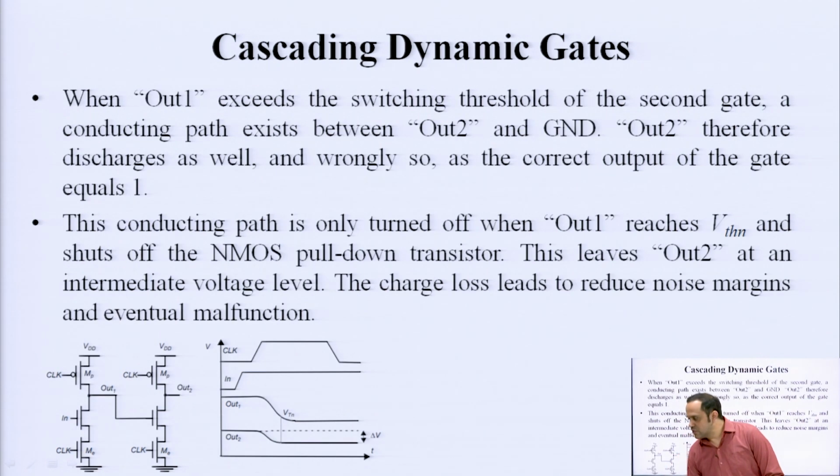Okay. So, this basically tells us that simple cascading connection between two dynamic CMOS circuits is not going to allow us the advantage of a dynamic circuit, which is increased complexity. Now, if I want to implement a highly complex circuit using dynamic CMOS logic, simple cascading connection will not work. Okay.